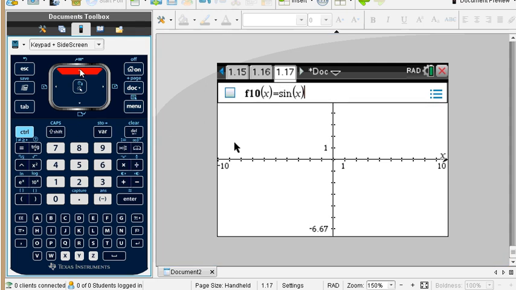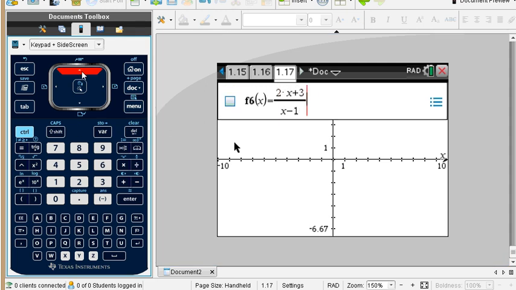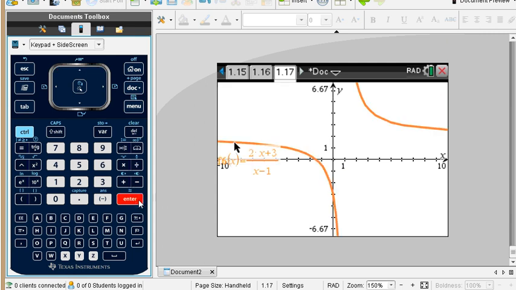This is the first function right here. We graph that, and then if we add to that the line y equals x, we want to find the function that reflects about this line y equals x.